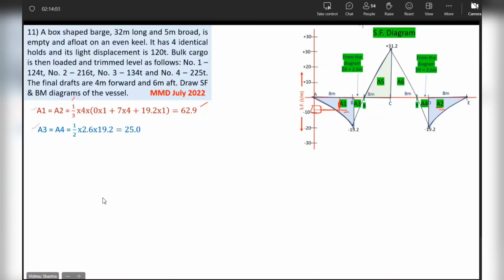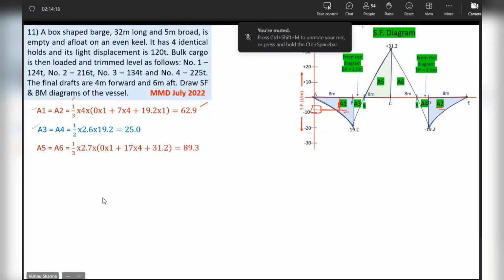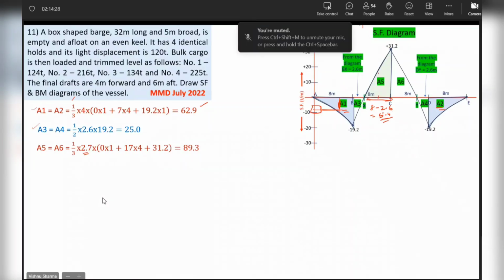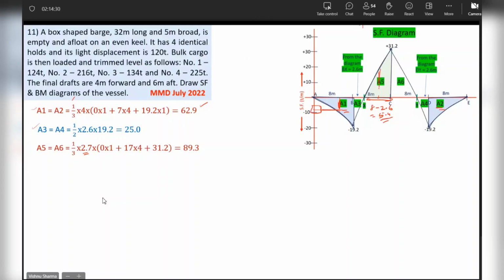Area A5 and A6 will be same, and I have solved them again by Simpson's rule 1/3 into common interval. Now X to C will be 5.48 minus 2.6 equal to 5.4. Half of 5.4 will be 2.7, guys. So I have taken midway here another ordinate.